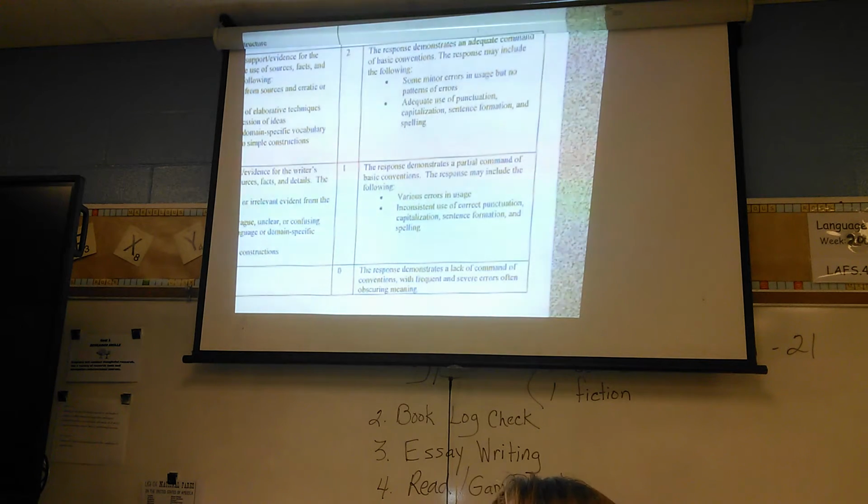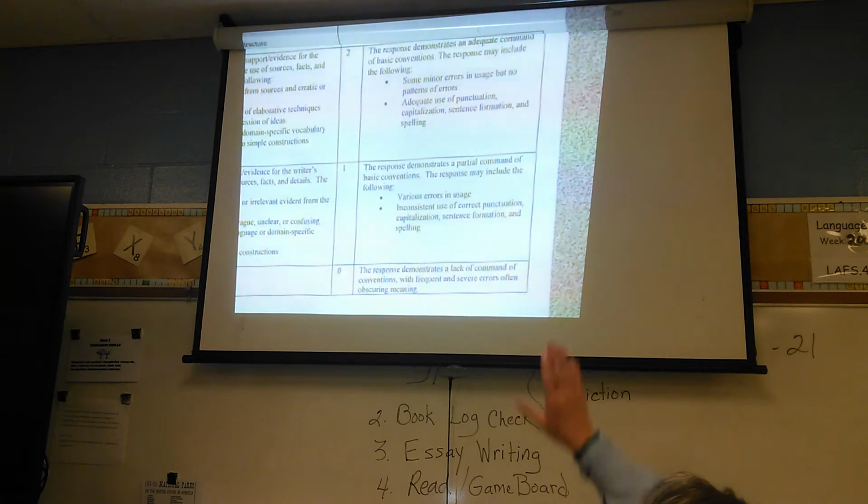But what they're looking for is, is it a pattern? For example, if they notice that you're not capitalizing the beginning of your sentences, that's a pattern. If they're noticing that you are spelling words that end in E and you add a suffix, you're spelling having as H-A-V-E-I-N-G and then writing as W-R-I-T-E-I-N-G, that's a pattern.